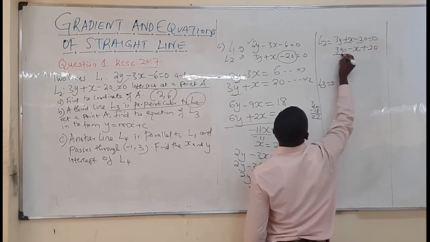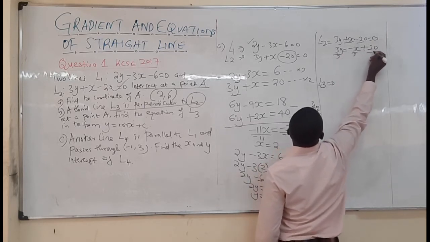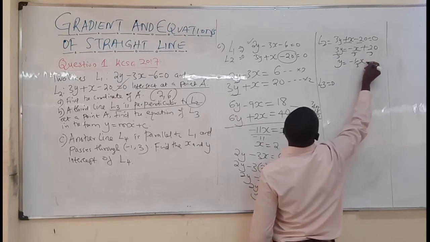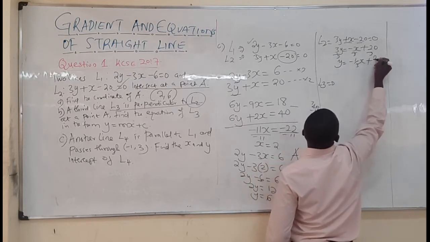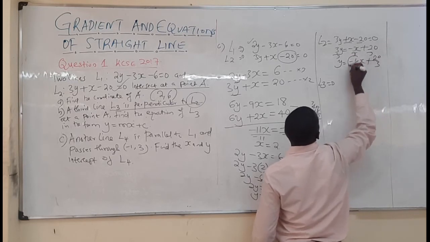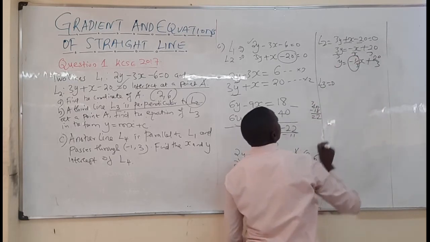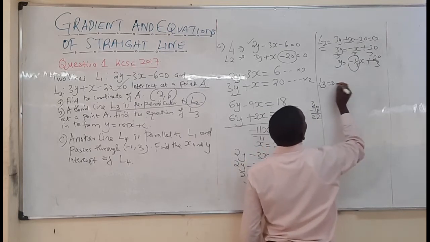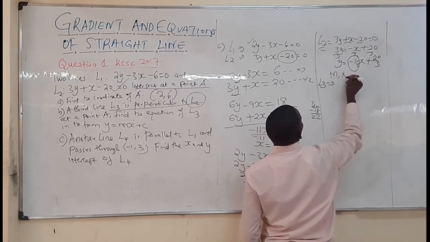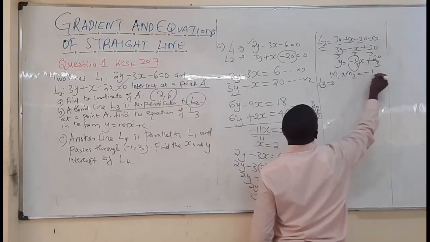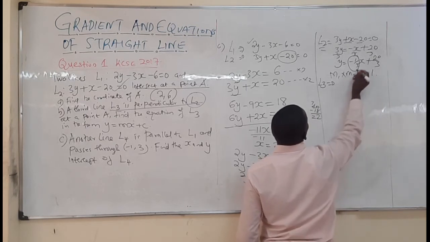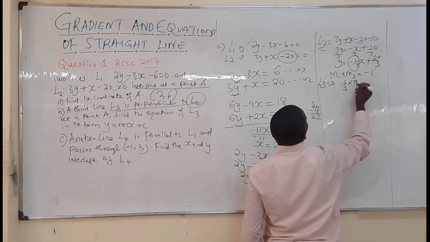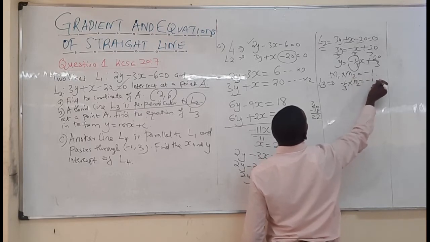Then you divide by 3 everywhere, you get y is equal to minus a third x plus 20 over 3. So the gradient of line 2 is minus a third. We know that m1 times m2 is equal to minus 1, so the gradient of line 2, minus a third, times m2 should give us minus 1.